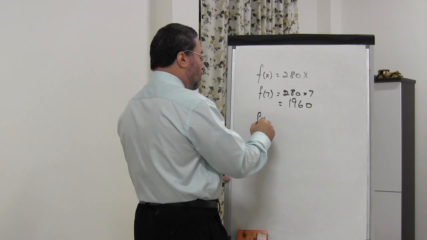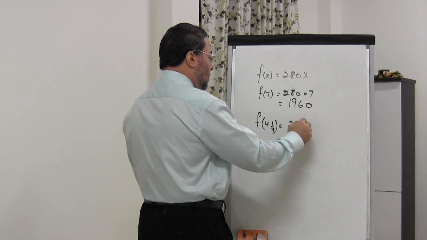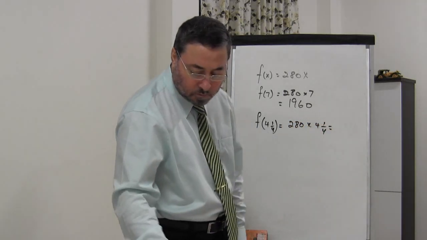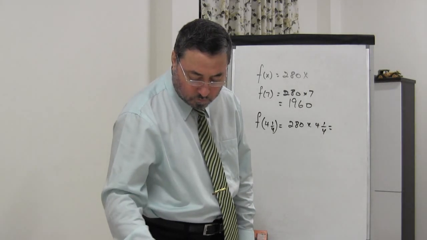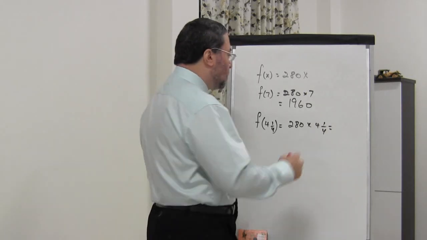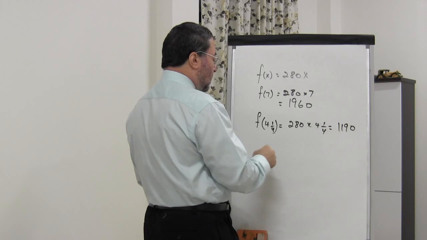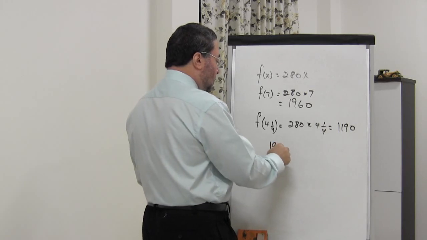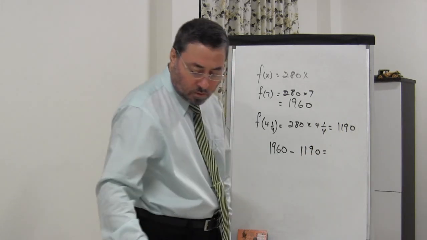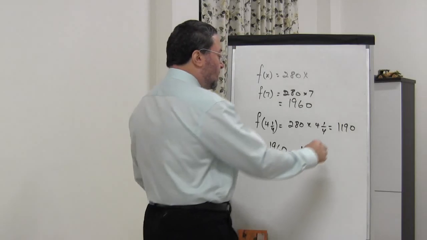Now f of 4 1/4 equals 280 times 4 1/4, and that gives 1190. And now we subtract these two numbers, 1960 minus 1190, and that's 770.